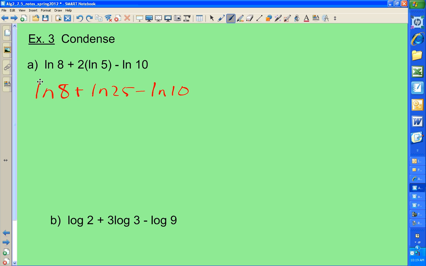Now you have a couple of options. When it's just plussing and minusing, I go left to right. That's my personal choice. So I'm going to do the natural log of 200 minus the natural log of 10 is the natural log of 20.